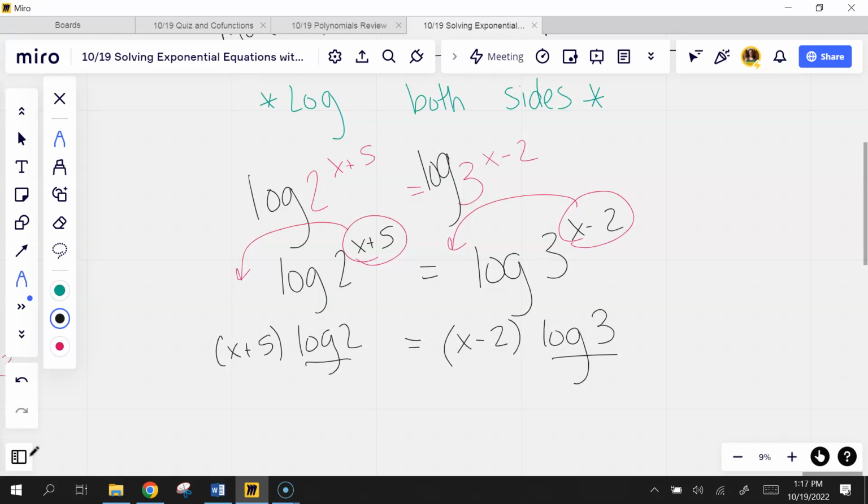These are numbers on your calculator, yes? And since I used a base of 10, I don't have to do change of base. Well, what's log 2? 0.301. So. What's log 3?